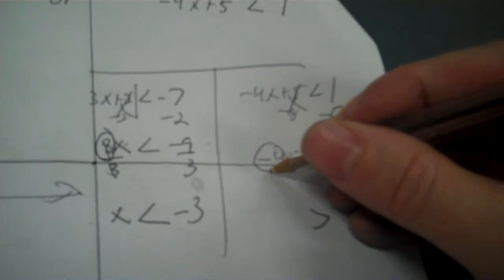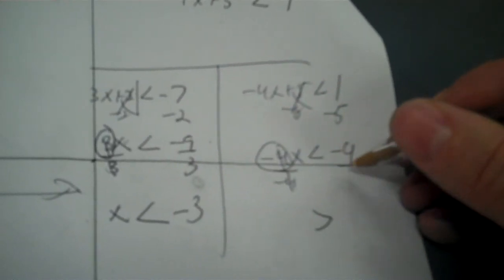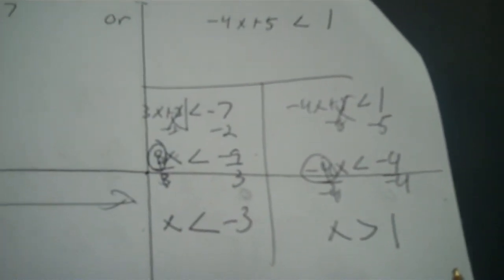Minus 5. It's going to be negative 4. Dividing time, circle that, turn it, okay? Divide by negative 4. x, 1, okay? So, negative 3 and 1.